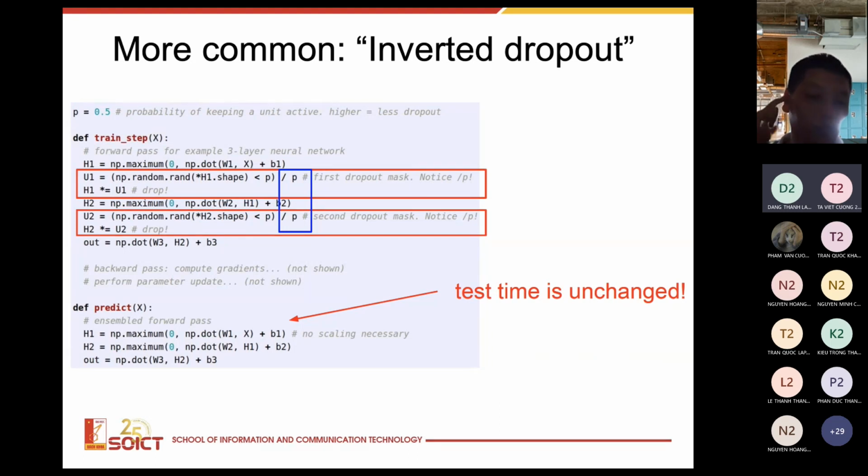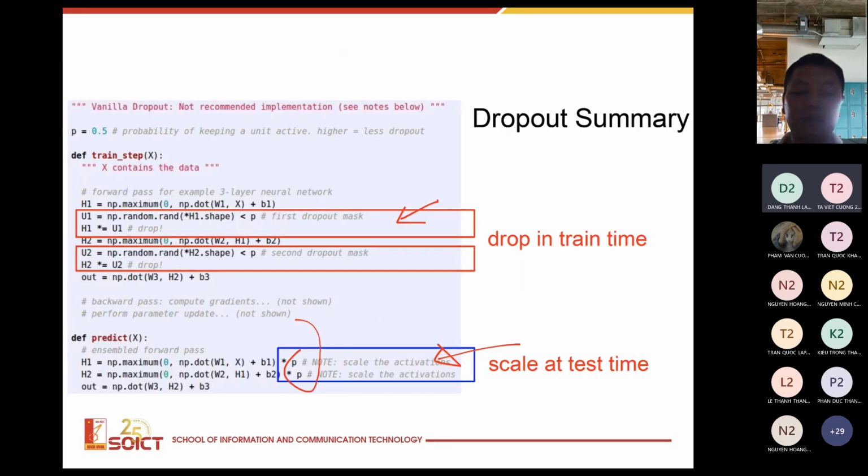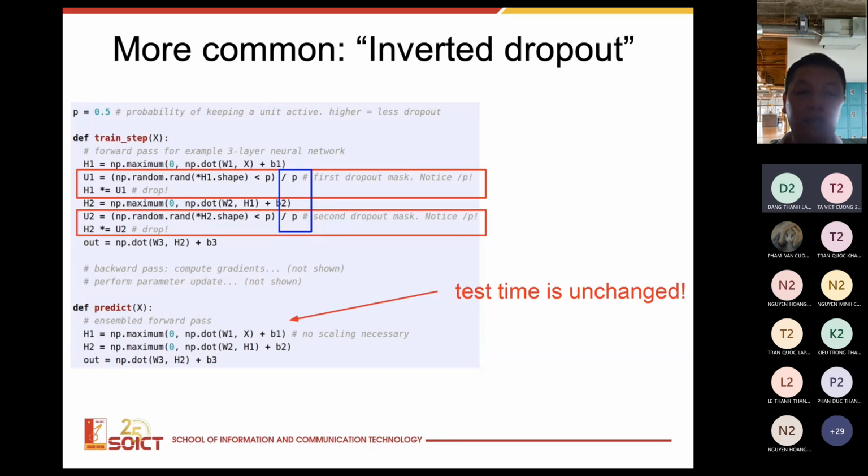If we don't want to multiply the output with the probability during test time, we can do inverted dropout. Here we divide the output by p during training, and then during the test phase we don't need to multiply with p again.